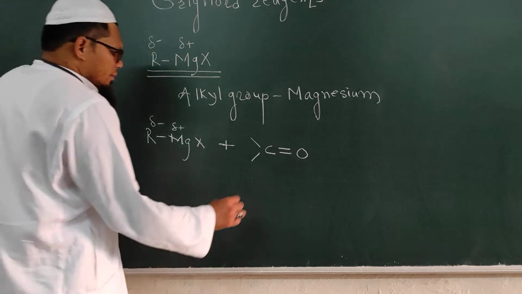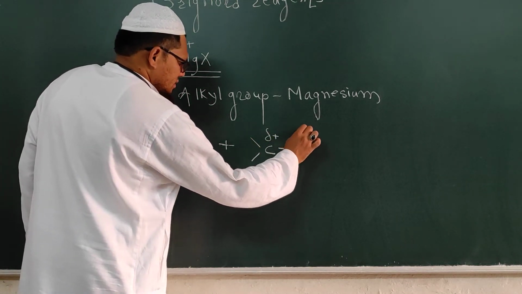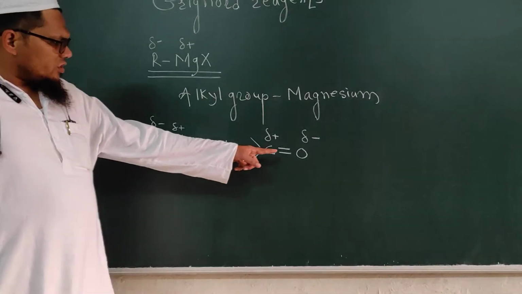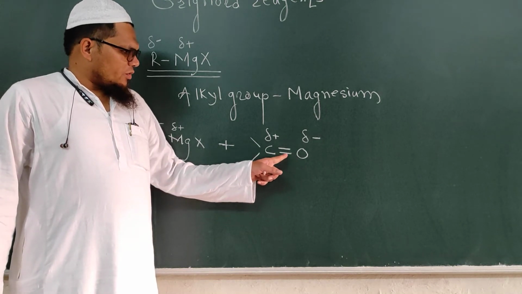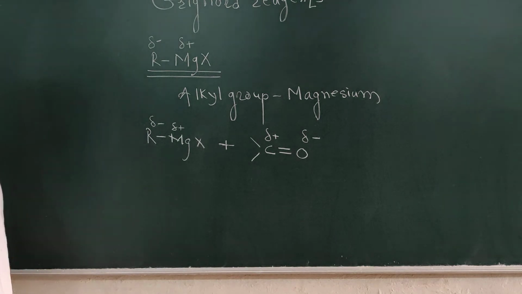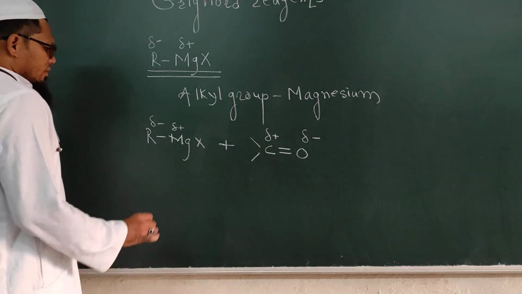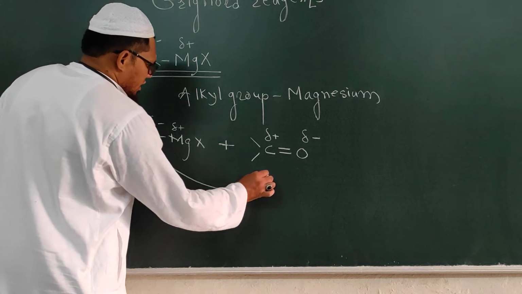Now in the carbonyl compound, this carbon atom has a delta positive charge and this oxygen has a delta negative charge. Oxygen is more electronegative as compared to carbon, therefore it will attract the electron pair to itself. So when this RMgX is reacted with a carbonyl compound, this R part will attack the carbonyl carbon.